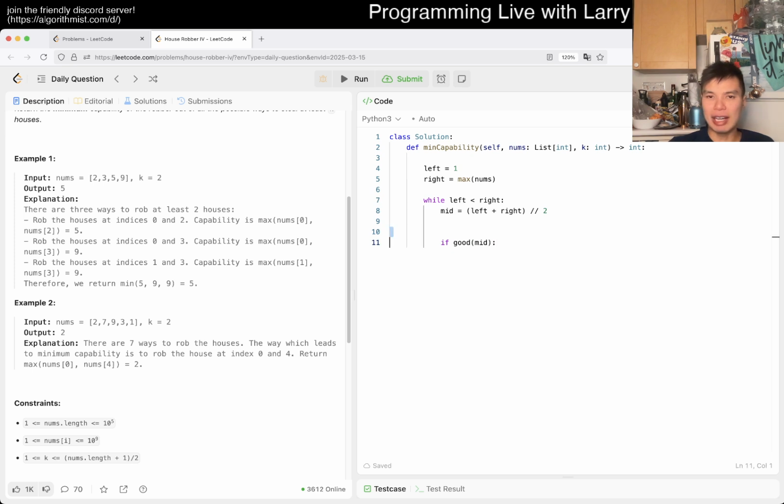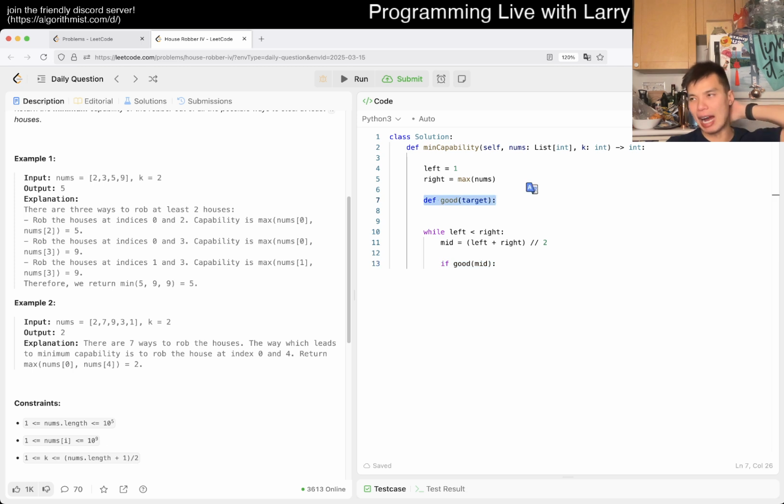Okay, so at this point, I always pause because it depends on what function I want to write, right? So we have the target. I feel like people always write out the template, but it really just depends on how this function is written, and for me, how I write this determines how I write the rest of this. And I want to write this in the way that is the easiest to write.